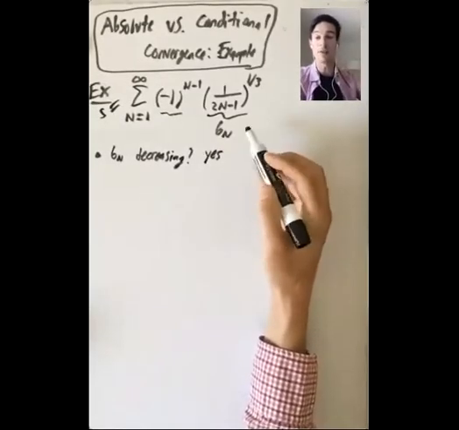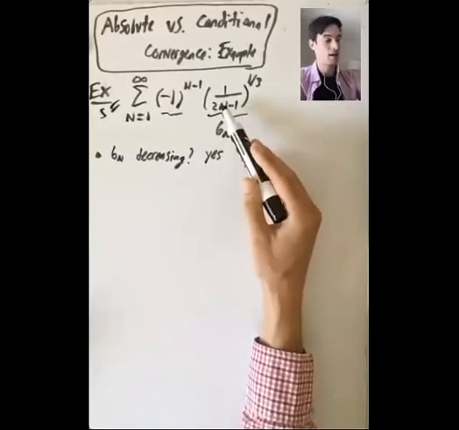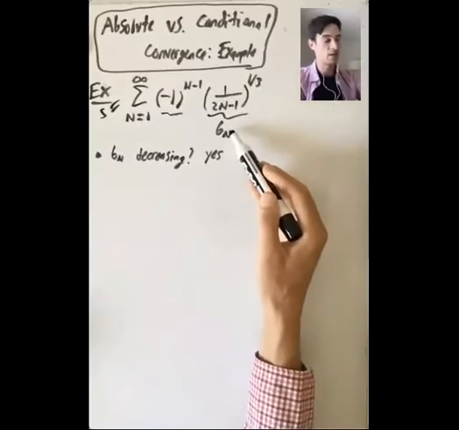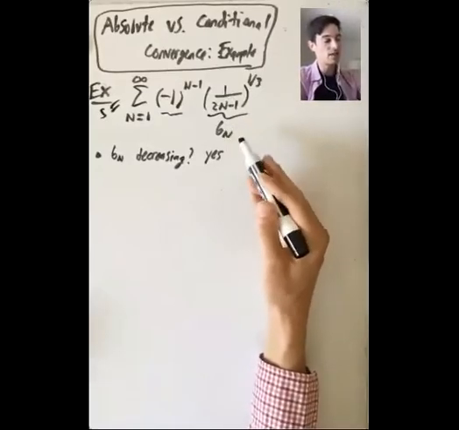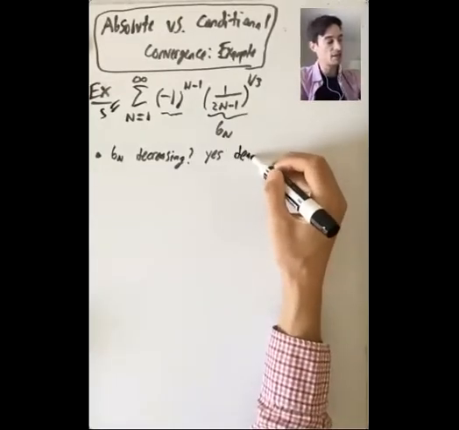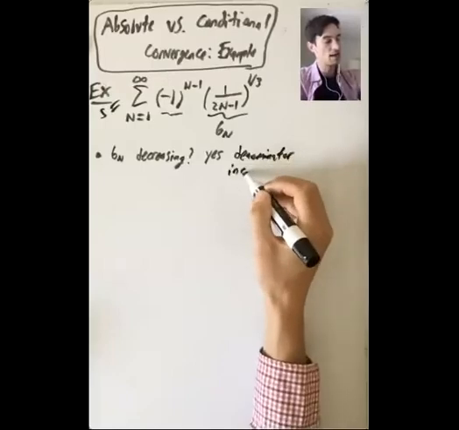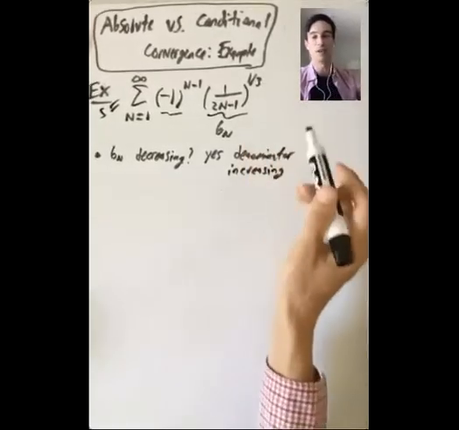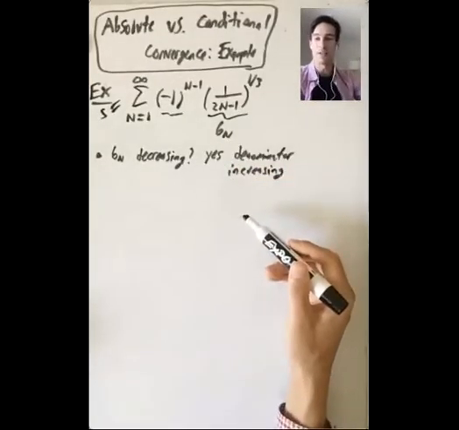You could do this with the first derivative test and show that the function 1 over (2x-1)^(1/3) has a derivative that's negative. But maybe it's just easier to say that the denominator is increasing as n increases. So the cube root of 1 over 2n minus 1 is also decreasing.